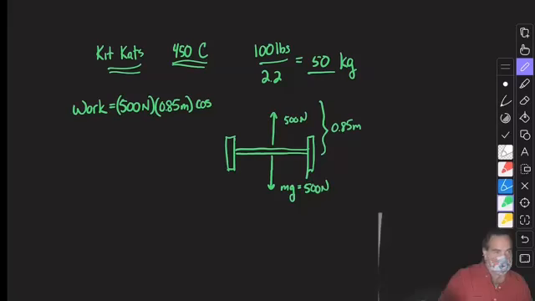Now let's pay attention to the angle. I pushed upward on the bar and it went upwards. So can we say that that's 0 degrees? That I pushed in the same direction the bar went? You need to evaluate this every time. So 0 degrees. So Eisen, how much work is that?